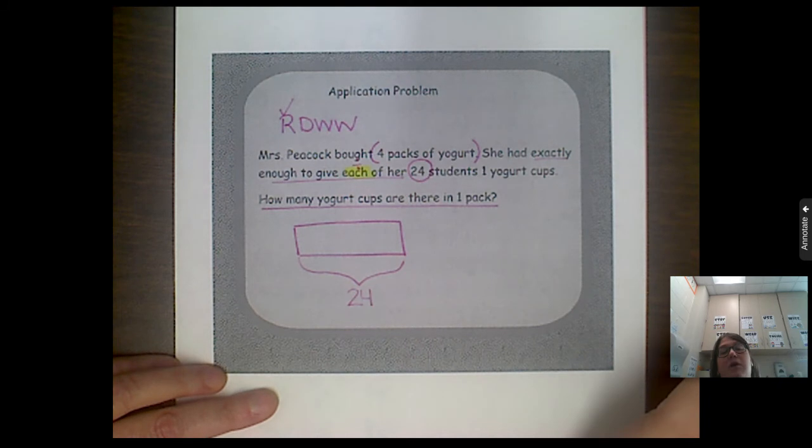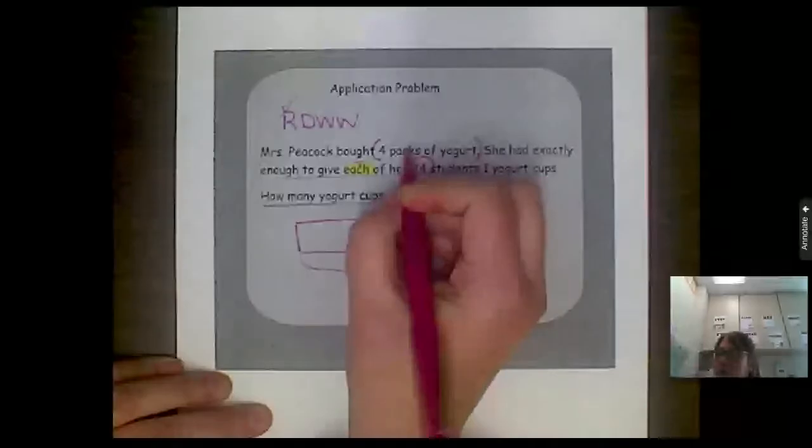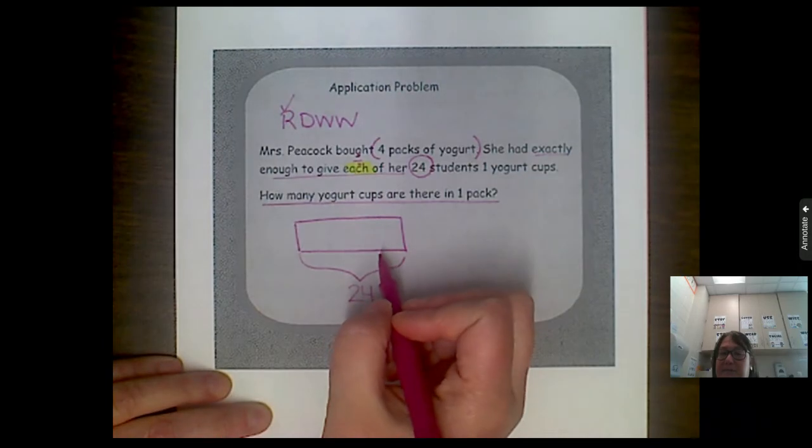I want to know how many yogurt cups are in 1 pack. So 4 packs of yogurt, that sounds like the number of groups. Do you agree with that? If I need 4 groups, how many lines do I put in my tape diagram?